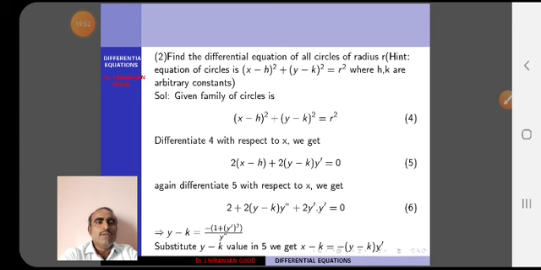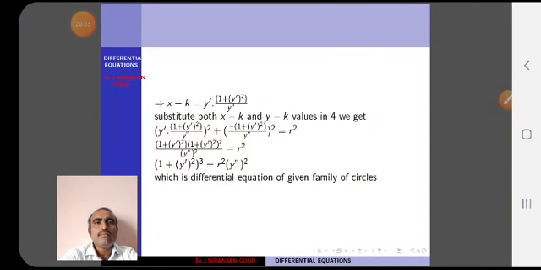Substitute the y minus k value in equation 5. That is, x minus h is equal to minus of y minus k into y dash, so x minus h is equal to y dash into 1 plus y dash whole square by y double dash. Substitute both x minus h and y minus k values in 4.